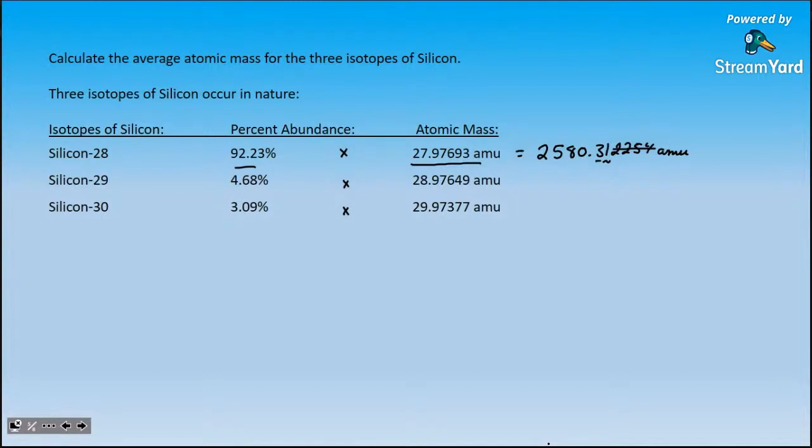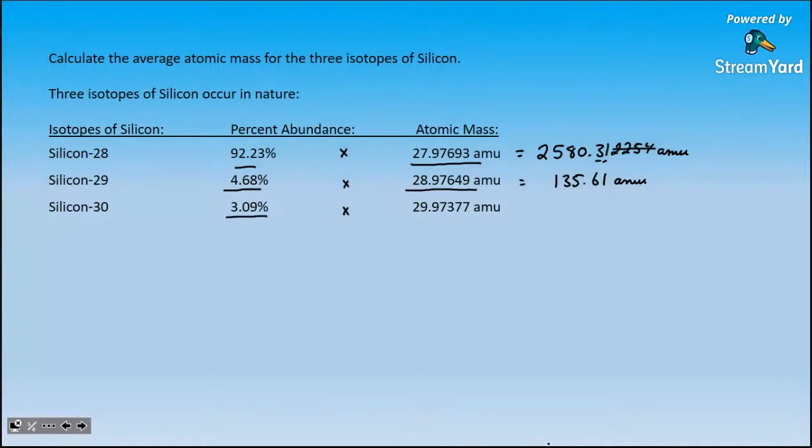For my next one, I'm going to take the 4.68%, and I'm going to multiply that by 28.97649, and I'm going to find that that is 135.609, but rounded to 2 decimal places, that 9 is going to round that 0 up to a 1. And then again, units of AMUs.